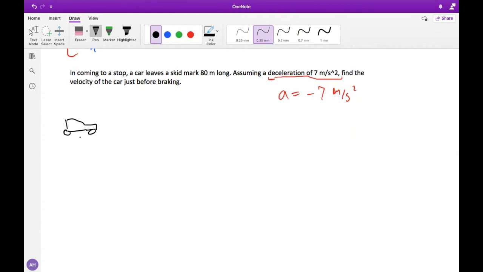So car, and I guess at this point here, it starts to brake, leaving skid marks on the road, and the skid marks are 80 meters long. So we can say this is x naught, which is 0, and this is x final, which is 80.